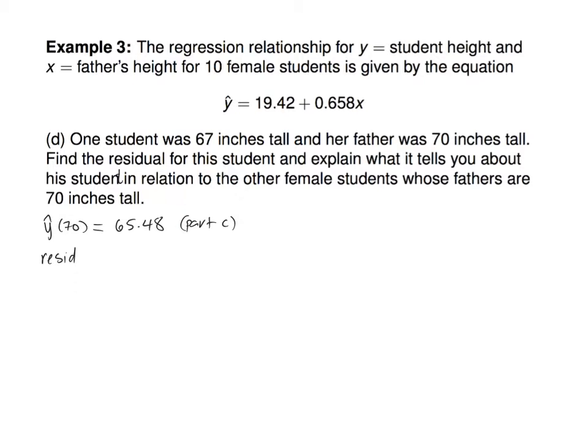And the residual is, now think about this, you want the residual to be positive if this person is higher than this average, and negative if they're lower. So this person is taller than the average, right? So for the result to be positive, we have to do this minus that, which is y minus y hat. Or 67 minus 65.48, or 1.52.